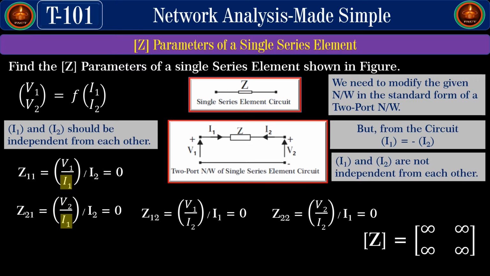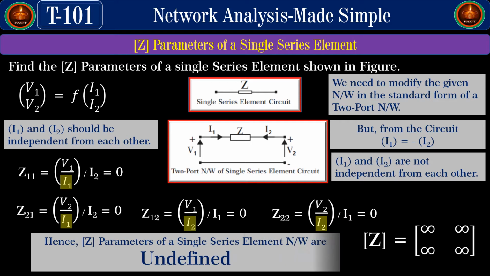And to find Z12 and Z22, we have to force I1 equal to 0. But if I1 is equal to 0, I2 also will be equal to 0, which is in the denominator. Therefore, you can conclude that the Z parameters of a single series element network are undefined.